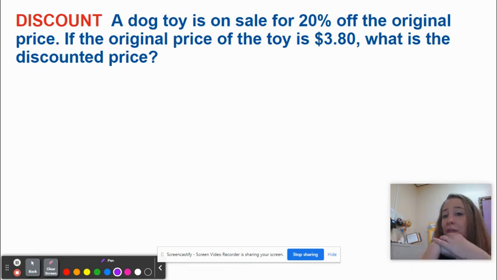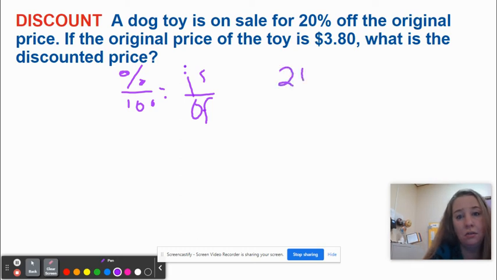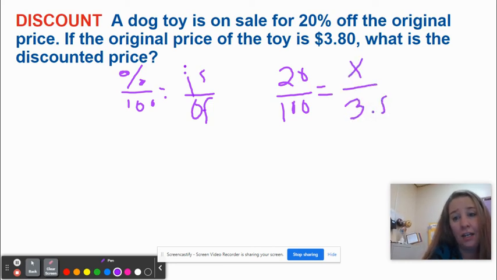Dog toys are on sale for 20% off the original price. The original price is $3.80. So again, we could use percentage over 100 equals is over of. So what is 20% of 3.80?